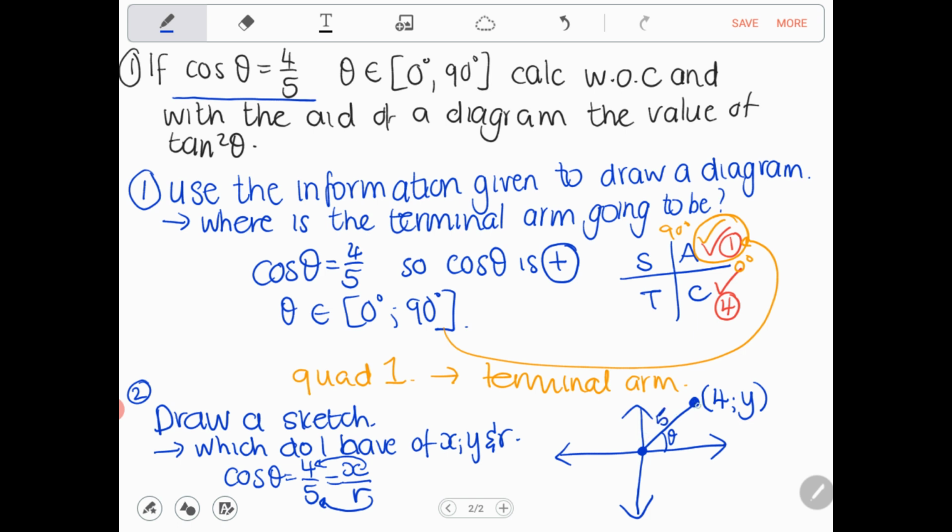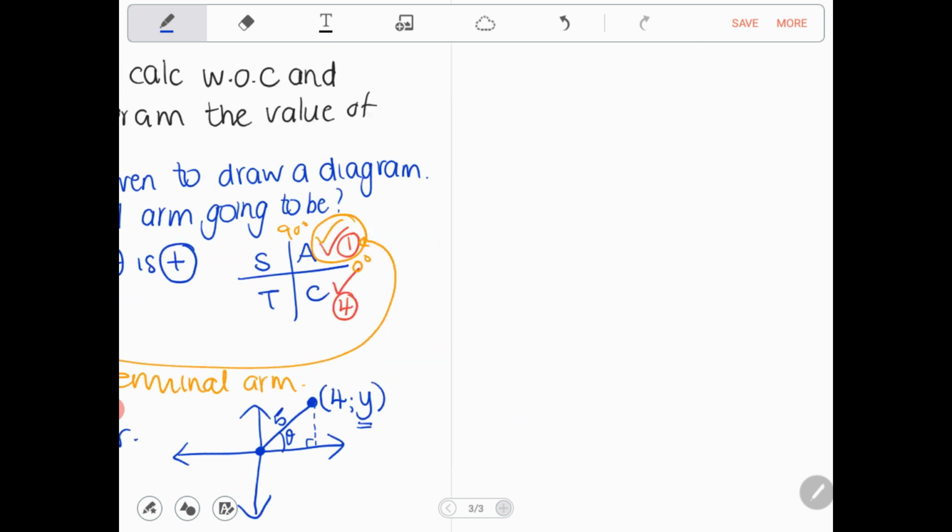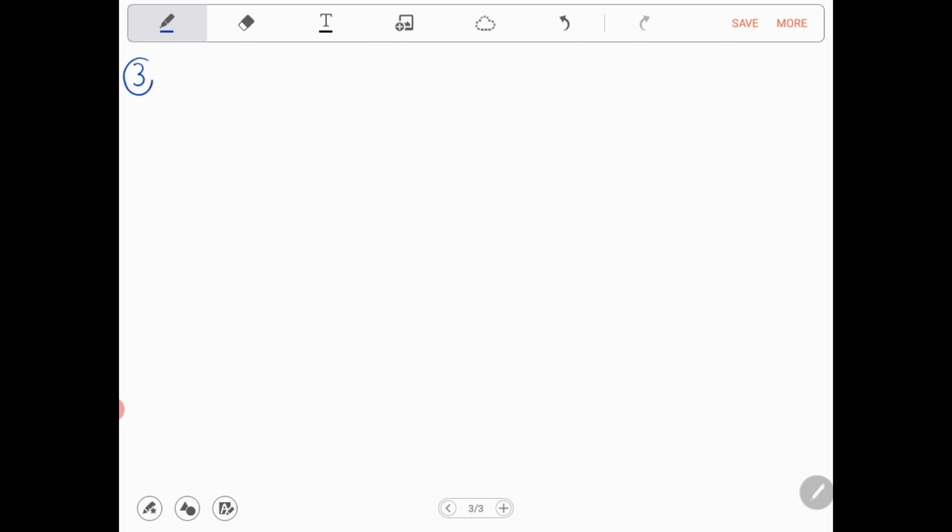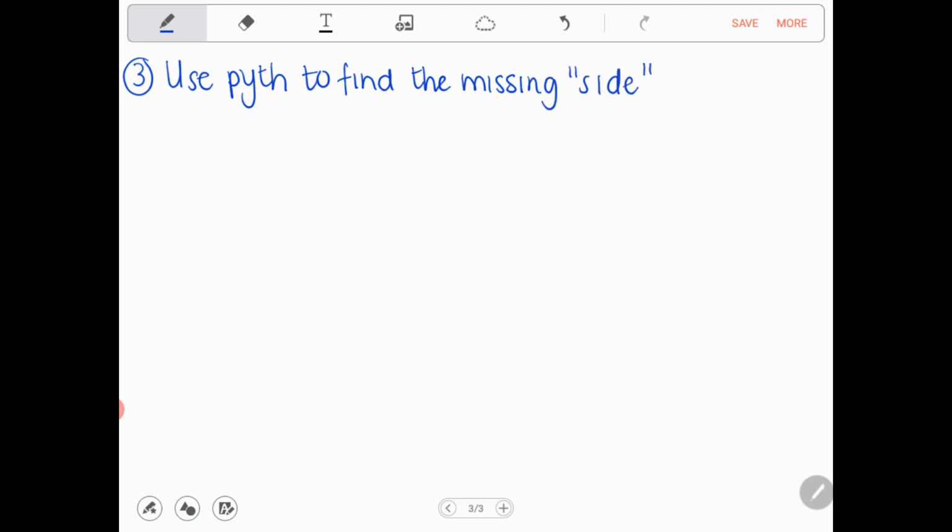Okay, if you want to, we can make ourselves a little right angle triangle there. And then we need to find out what y is. So we use Pythagoras to find the missing side. Let me just redraw this here.